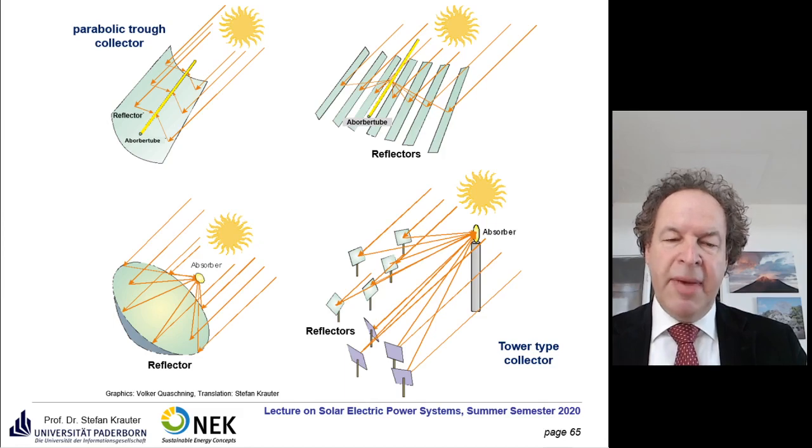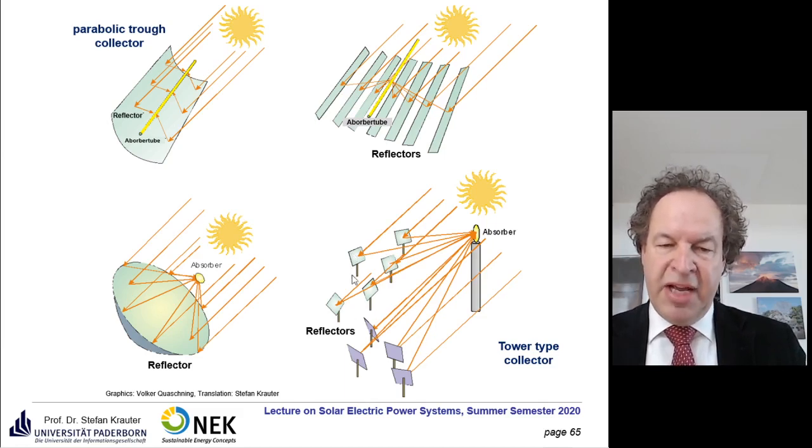You don't have to make a single mirror like you see here on the bottom. You can also make a parabolic trough, so you don't have a focus point, you have a focus line here. Also you can split off the parabolic form into different reflectors, or make even several small reflectors.